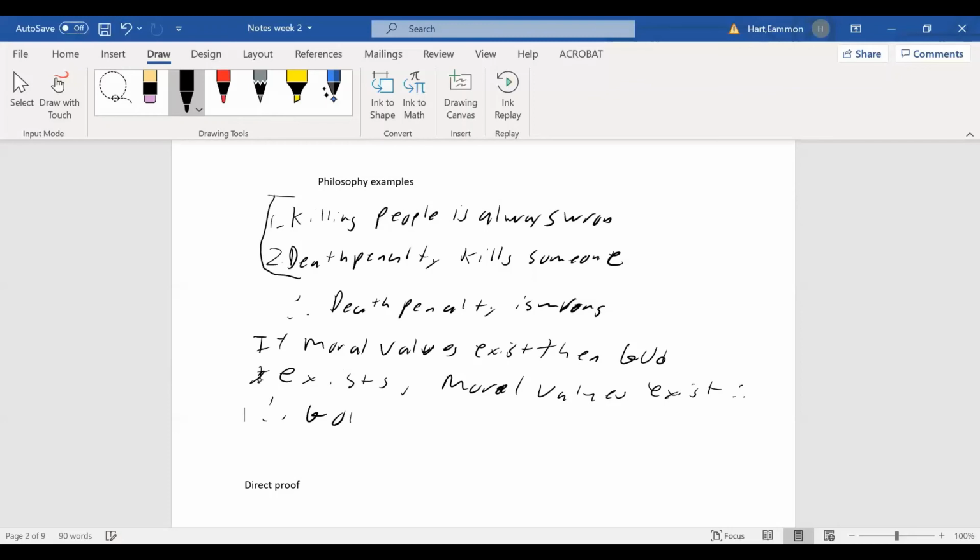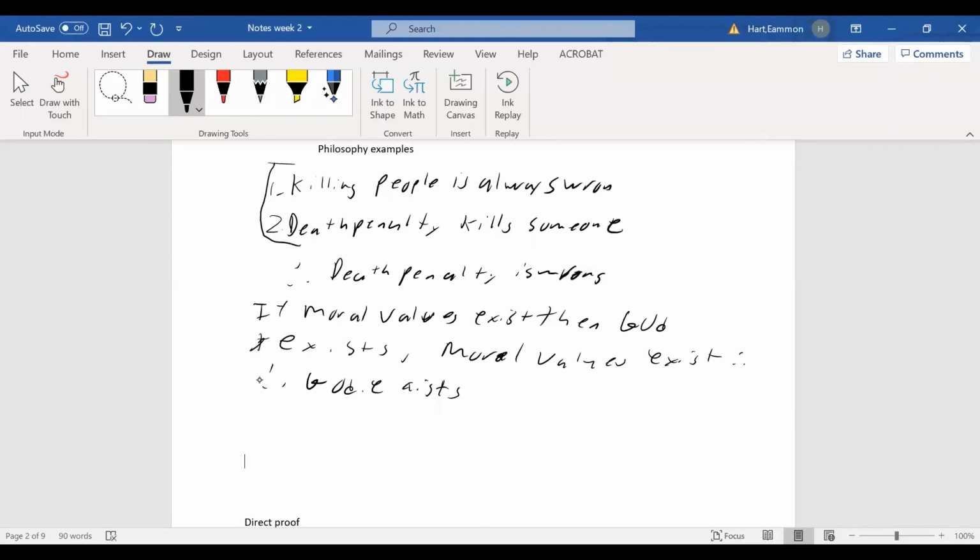Therefore, God exists. This is a perfect logical form: if P, then Q, P, therefore Q. But philosophers will debate these two premises very heavily. So this would be a logical argument, but not a proof, because these two statements are not self-evident. They need to be argued.